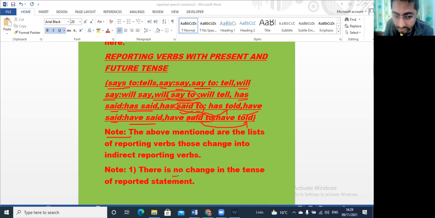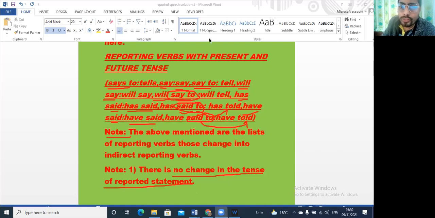What is the reported statement here? The prisoner said, "I'm scared." The part inside double inverted commas is the reported statement. Let's move ahead.